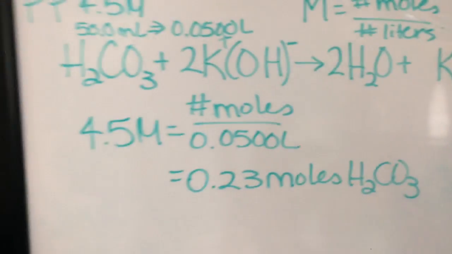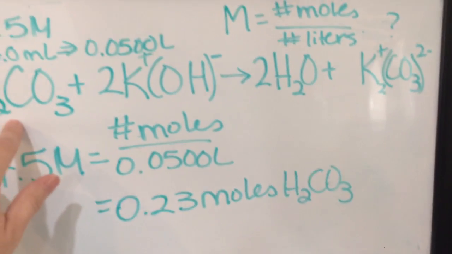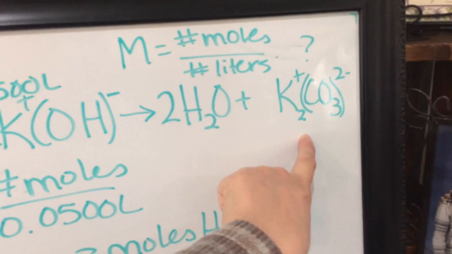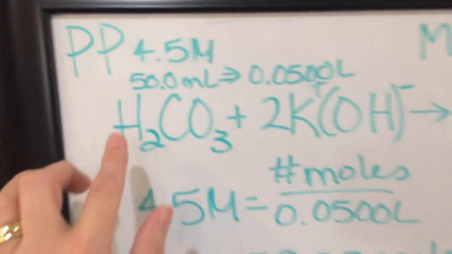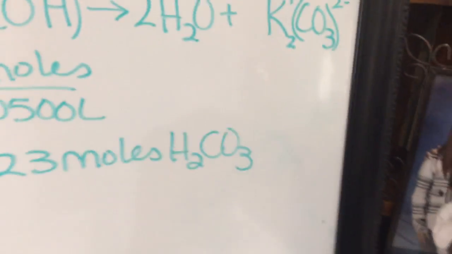What do I do next, guys? I have moles of this. I want to relate it to this. Because you have a balanced equation, you should be able to figure this out. It's coming from last chapter. We have 1 mole of H2CO3 that is equal to 1 mole of K2CO3.